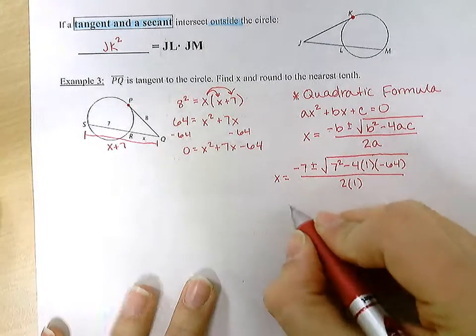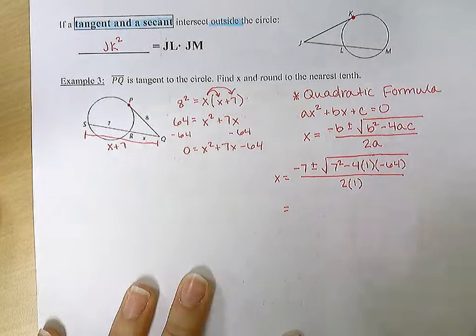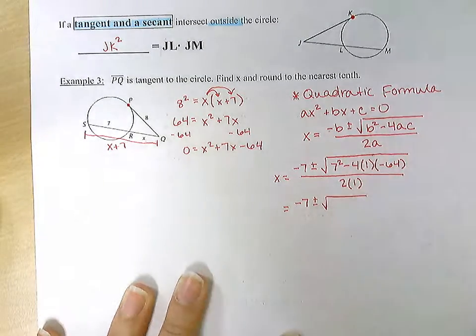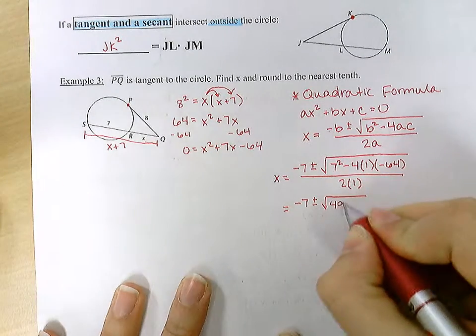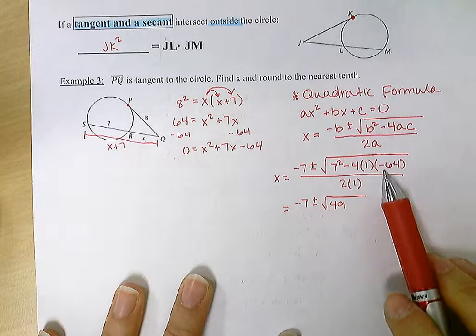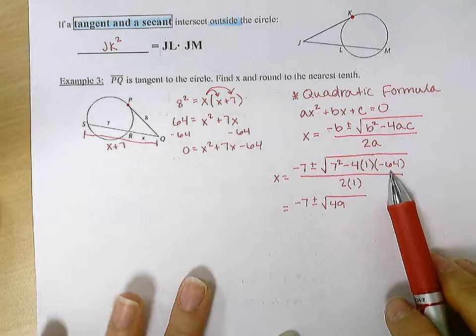Okay, so from here, I'm just going to simplify everything inside my radical. So I have negative 7 plus or minus the square root. 7 squared is 49. Okay, I have this minus 4 times negative 64. So you need to take negative 4 times negative 64.